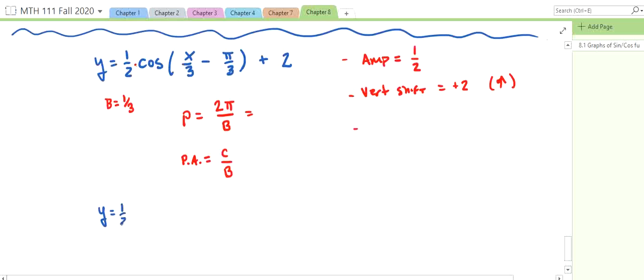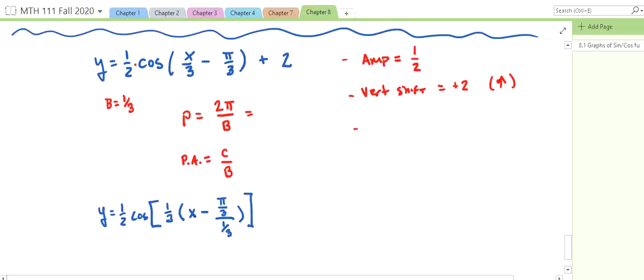y equals 1/2 cosine, let's use square brackets here, of 1/3. I'm going to pull 1/3 out of this relationship. And now we have the x minus. So anytime you've got x minus, you know that this number right here is going to be your phase angle. This is pi over 3 divided by 1 over 3.